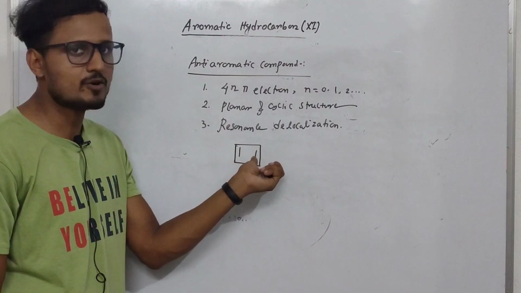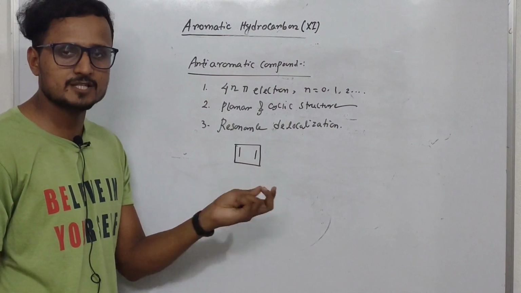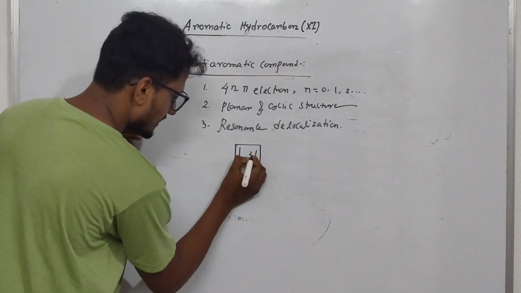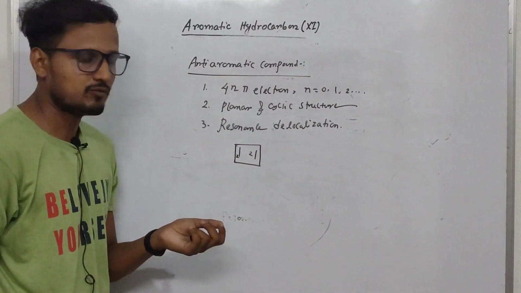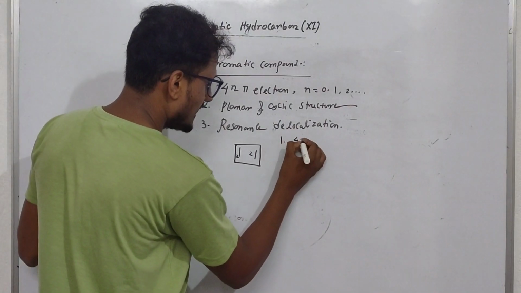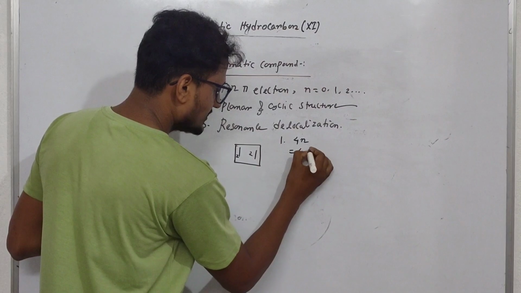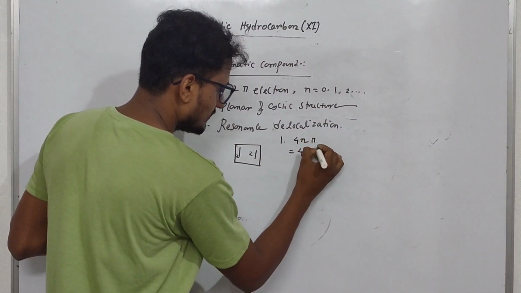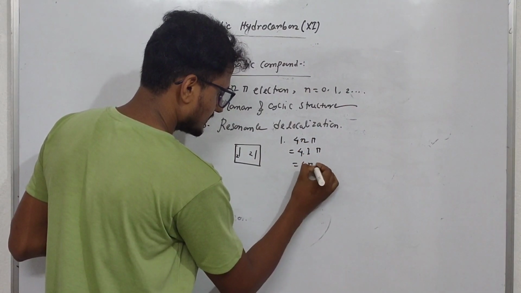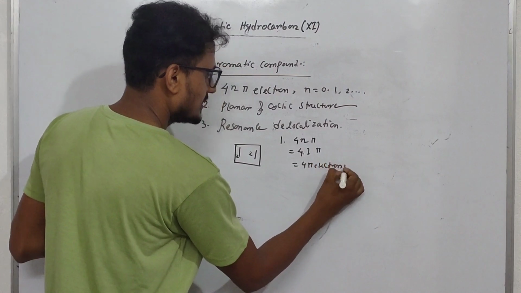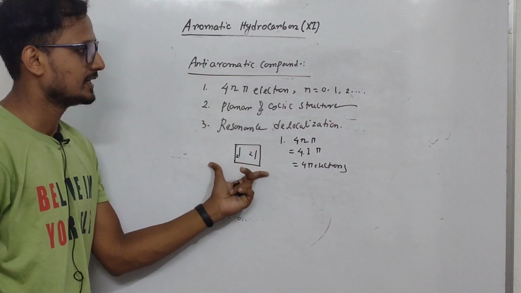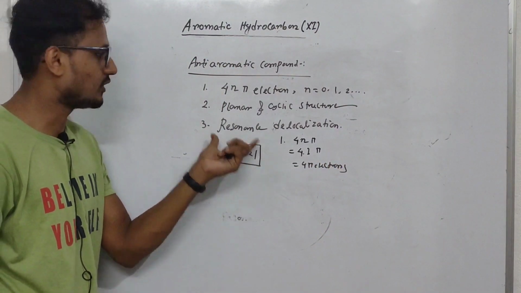And here how many pi bonds are there? 2 pi bonds means 4 electrons. Here 2 and here 2. Now 4 electrons means the 4n rule is followed, because if you put 1 instead of n, you get 4 pi electrons. So the anti-aromatic rule number 1 is followed.